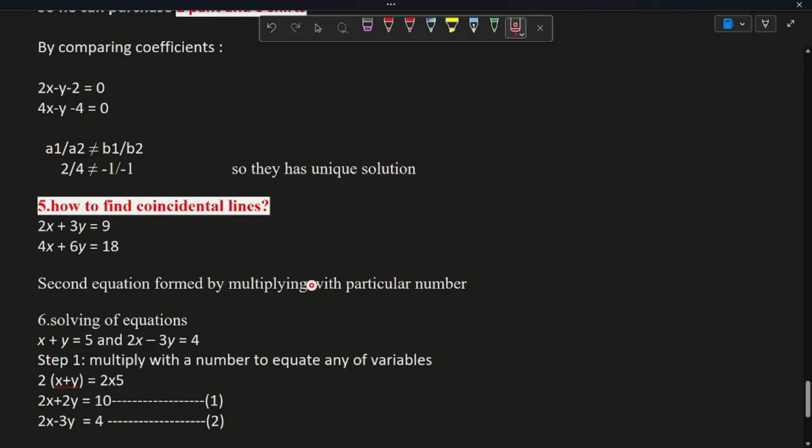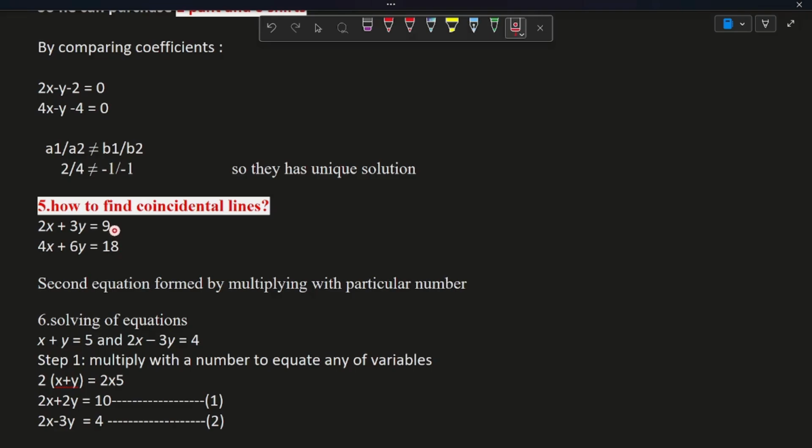How to find coincident lines? Simply, when the second linear equation is formed by multiplying the first linear equation with a fixed number. For example, observe 2x plus 3y equal to 9 is one equation, and 4x plus 6y equal to 18 is another.